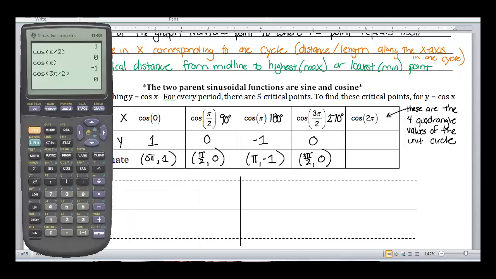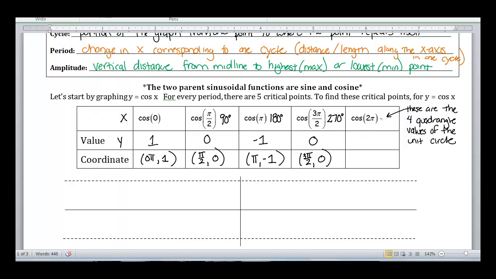So I'd expect this to be the same value as 0, which is 1. The cosine of 2 pi is 1. So at 360 degrees, or 0 degrees, the cosine is 1. So I'm at the ordered pair (2 pi, 1).